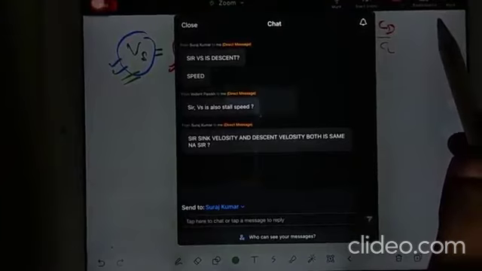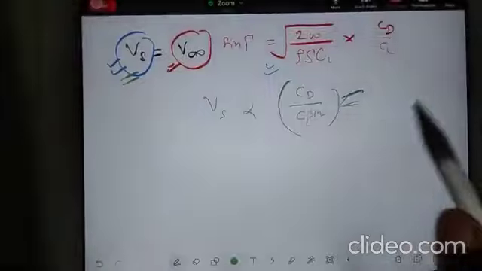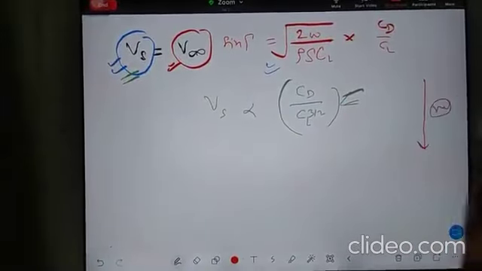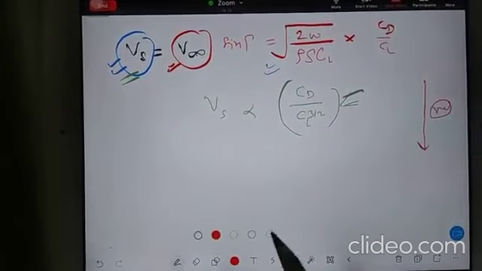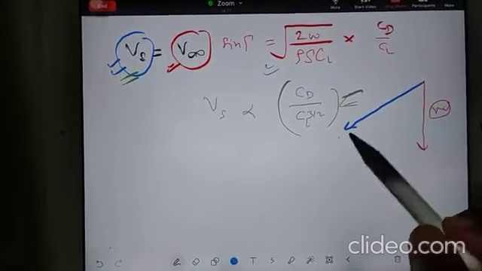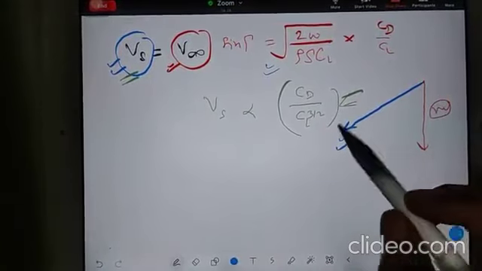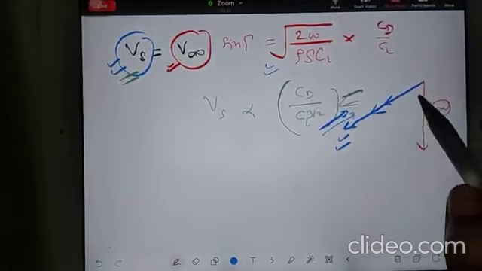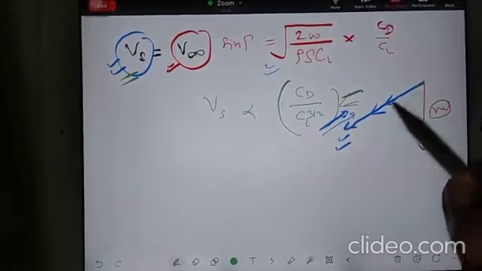Sink velocity and descent velocity are different. Sink is this. This I am talking as sink. And if you are saying that the aeroplane is going in this direction, the free stream will come in this direction, correct? You are descending in this direction. So they will give you the velocity on this path.